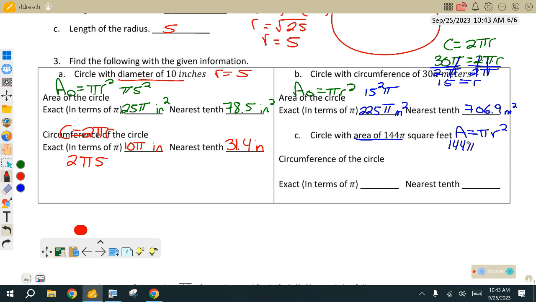Now this one is kind of nice to see because I gave you 144. You said 12 like that. But what is happening here algebraically is you took the square root of it. What type of equation is that? It's not linear.